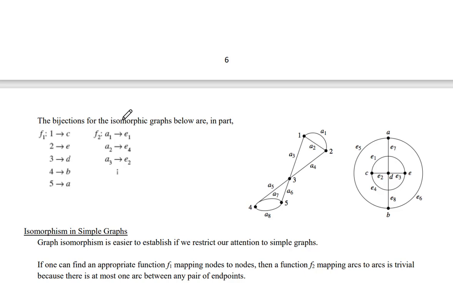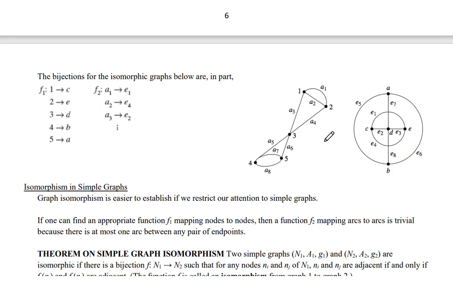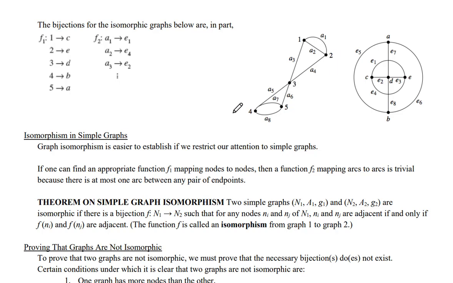The bijections for the isomorphic graphs come in parts. So let's look at this graph here. You have nodes 1, 2, 3, 4, 5, while in this graph here you have A, B, C, D, E. The question is, are they the same structure? Are they isomorphic?